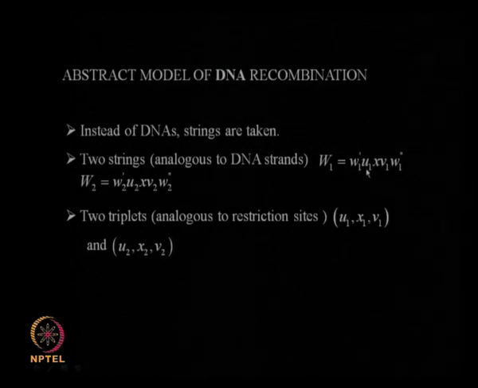Then you see that in the middle you have U1 X V1 and you have U2 X V2. These triples are taken as restriction sites. These can be looked at as restriction sites here. This is the way Tom Head had defined, and because of his name such systems are called H systems, H schemes, etc.